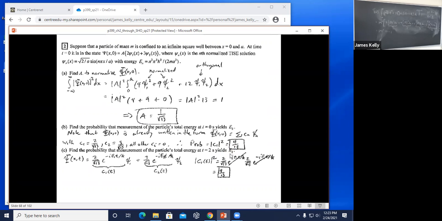And at a later time, we know how to form what psi is at that later time, right? All I do is put in t equals 2 in there, right? So I can think of this coefficient right here as the C1 that's required at time t equals 0.